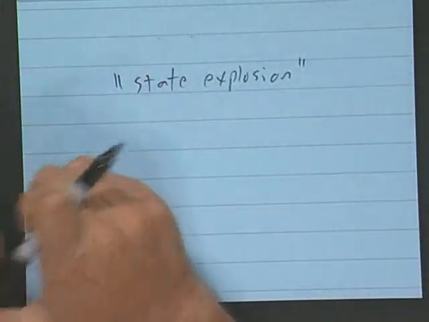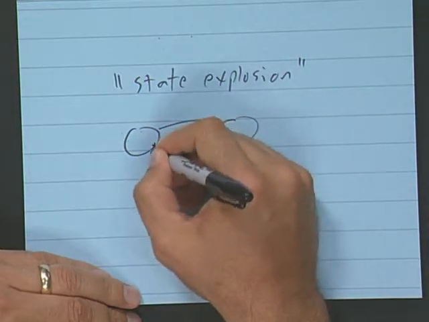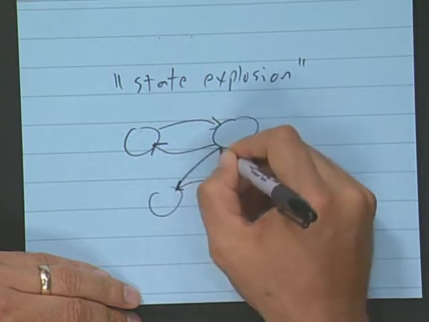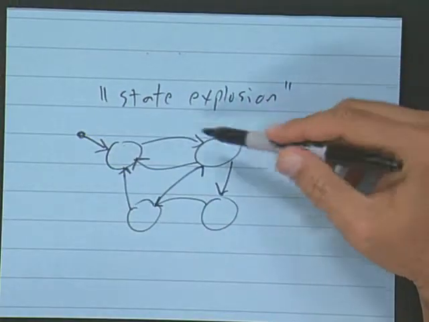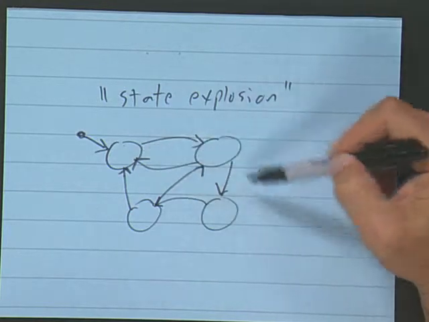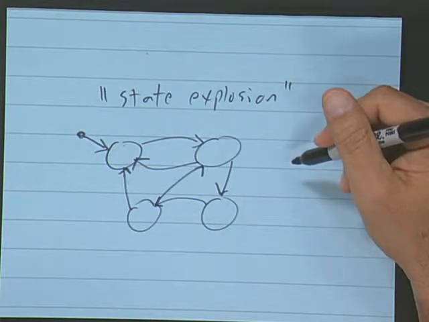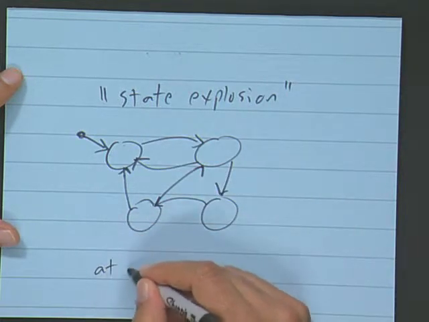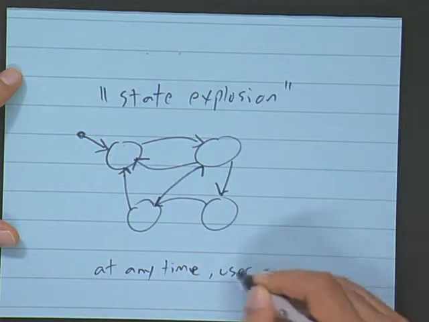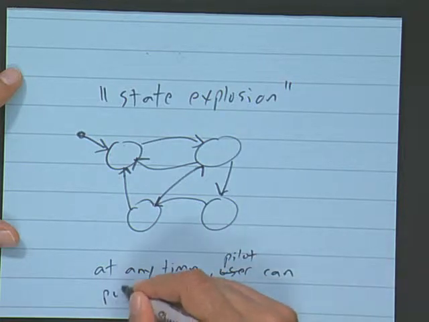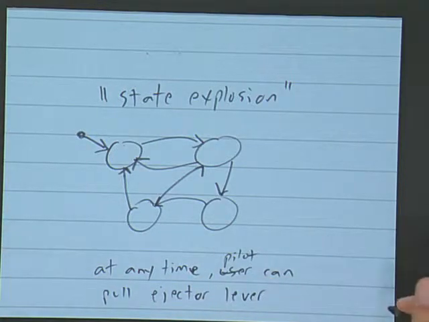Let's say you had a state machine with a certain kind of behavior, a very simple state machine that handles some flight control system, and you had the requirement that at any time the pilot can pull the ejector lever to eject from the plane.